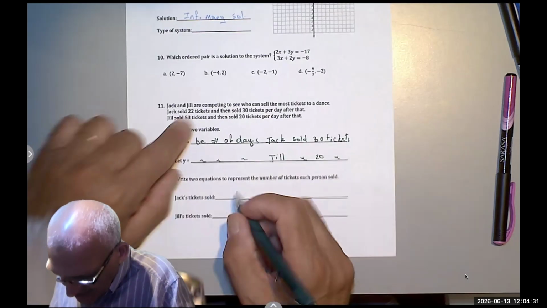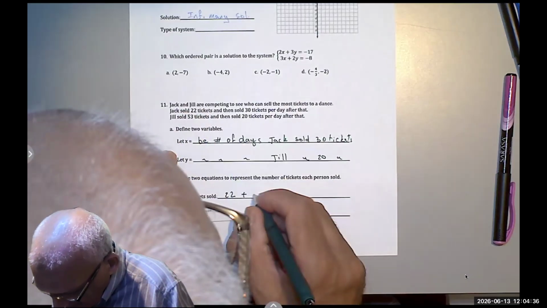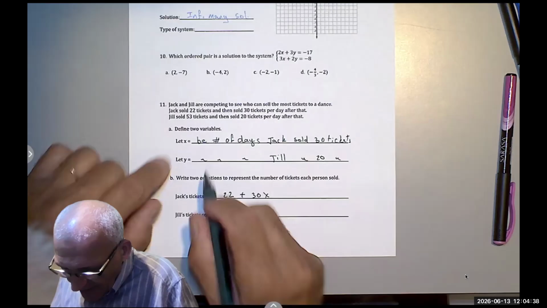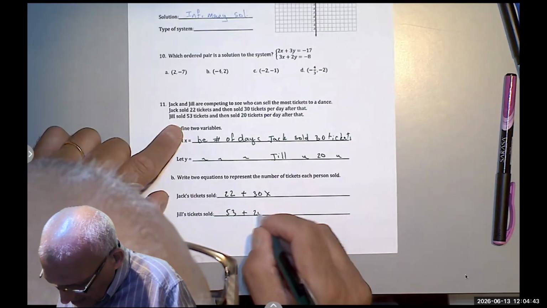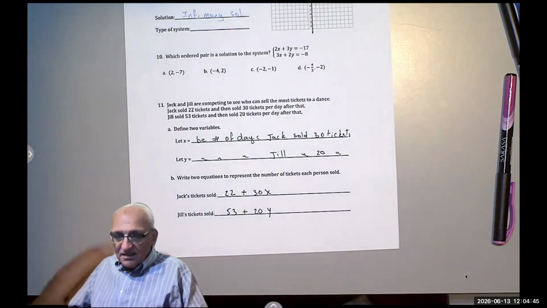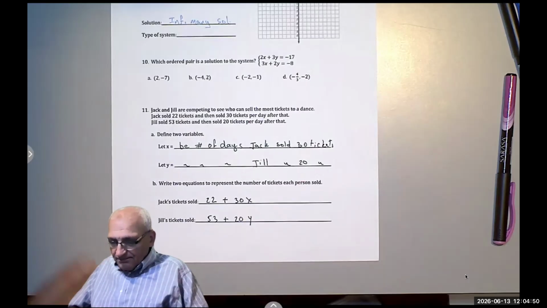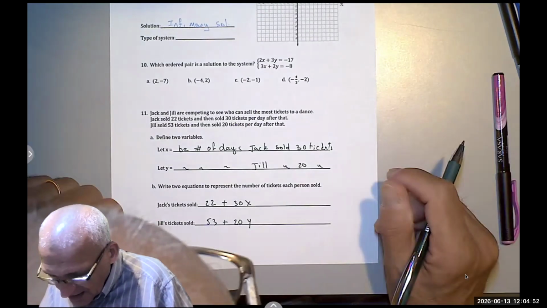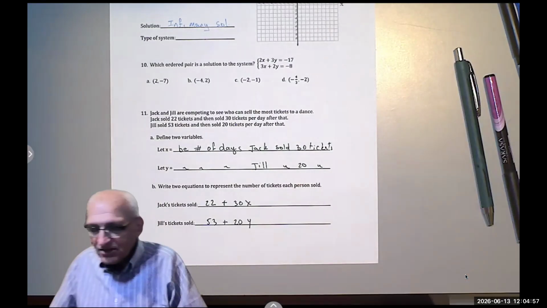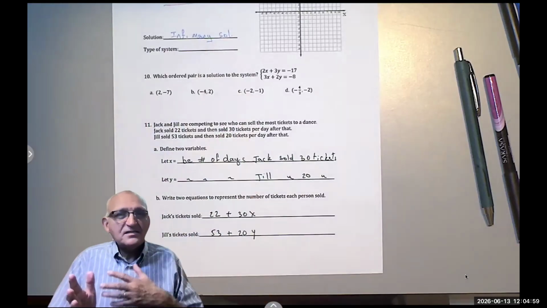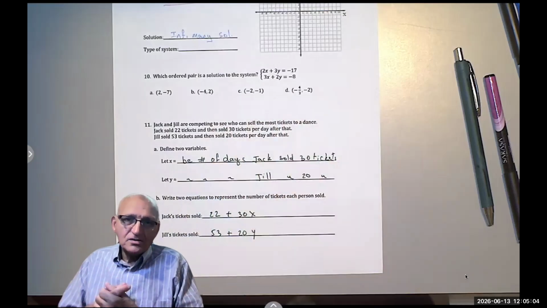So Jack has sold 22 plus 30x, and Jill sold 53 plus 20y. And that's basically it. They don't ask about anything else, so there is nothing to solve. And that's it.